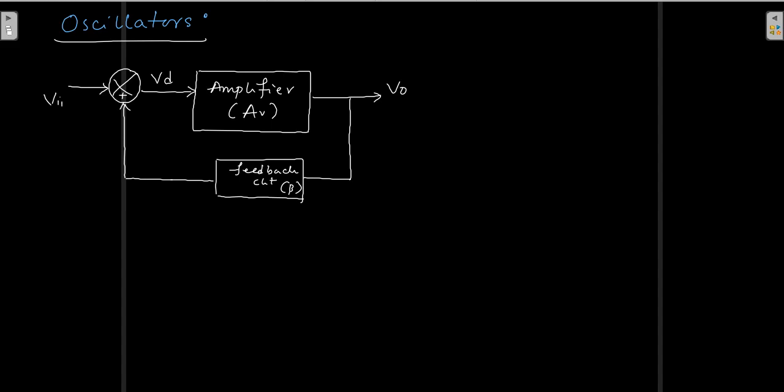This is V in. Deliberately I will make it 0 because I don't want any input. So this is the summing junction. This is how you can have the block diagram for an oscillator, okay?